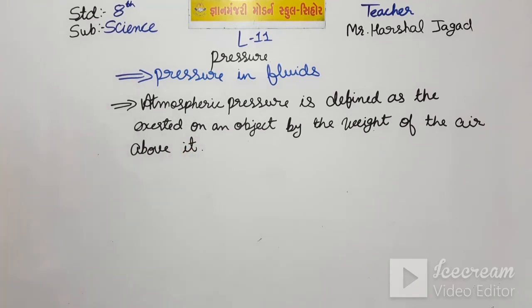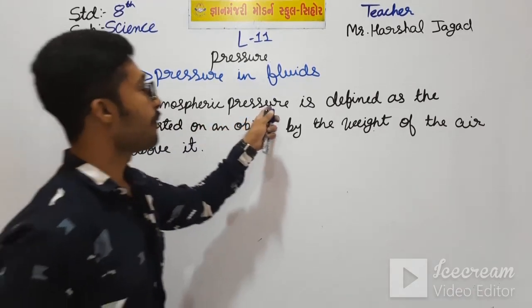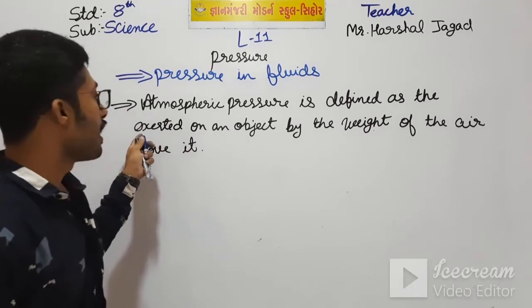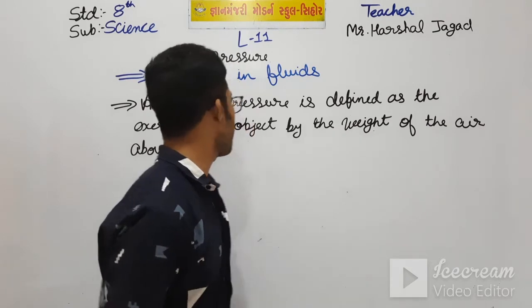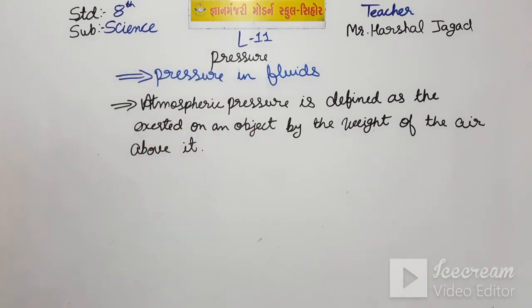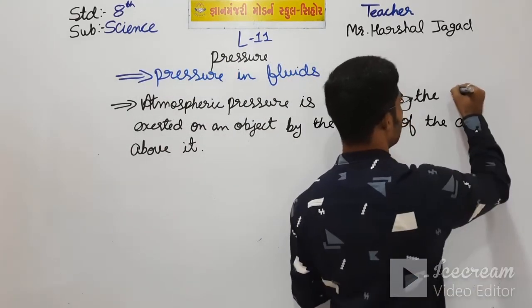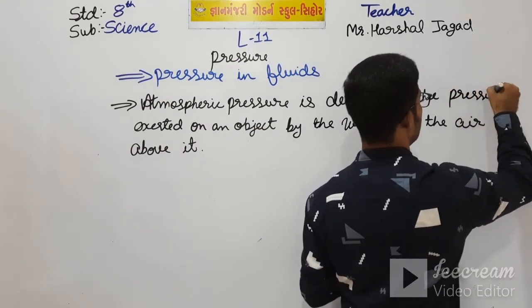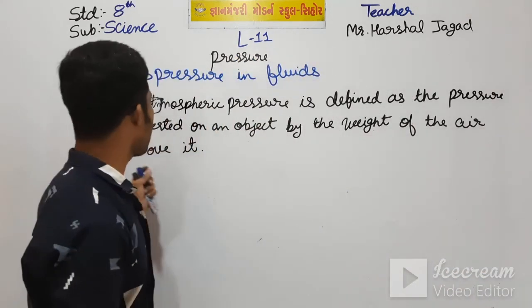So, here is the atmospheric definition: atmospheric pressure is defined as the pressure exerted on an object by the weight of the air above it.